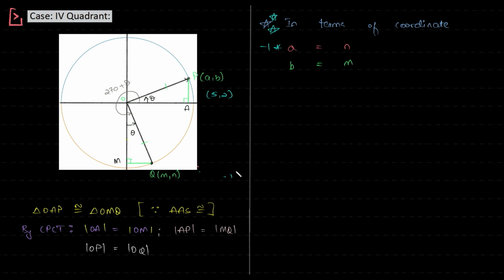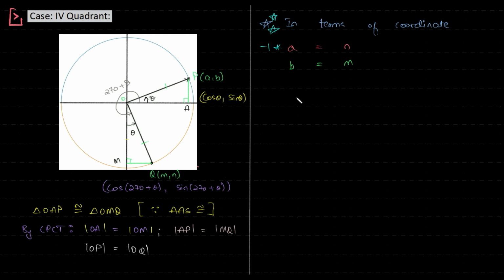Now I'm going to erase this and talk about the next important part, relating cos theta and sine theta with this set of cos and sine of 270 plus theta. Just pick it up and relate.